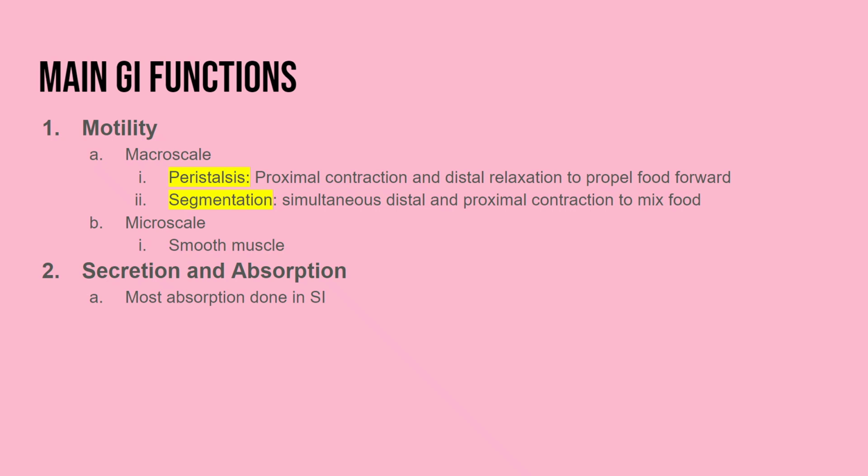That basically means that the tube is contracting here and relaxing here, which creates a pressure gradient pushing the food forward. Segmentation, simultaneous distal and proximal contraction, means that they're contracting and relaxing at the same time, which mixes the components of the food in between. And then most absorption is done in the small intestine, which we talk about later.